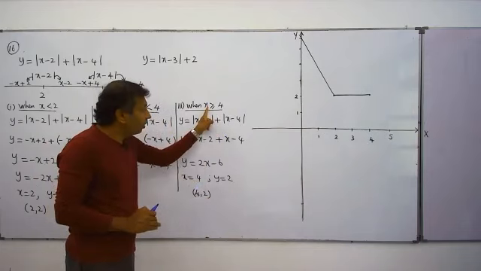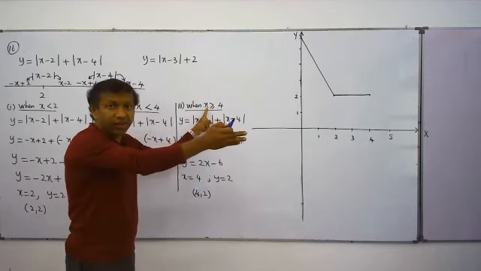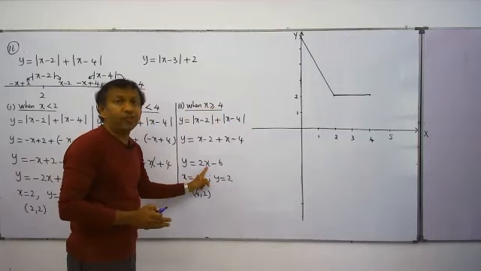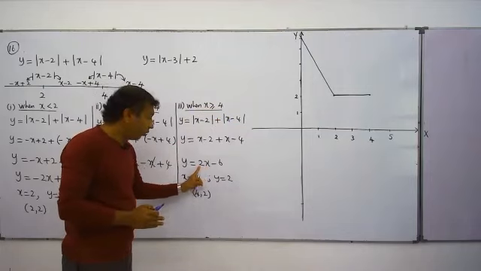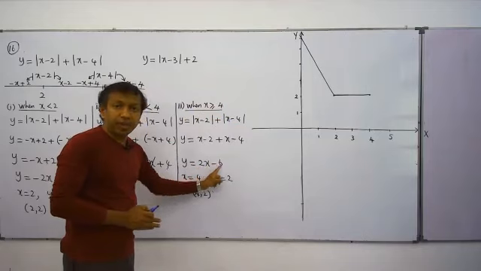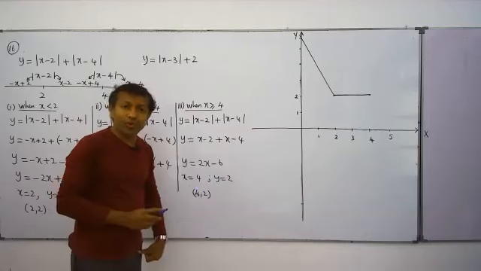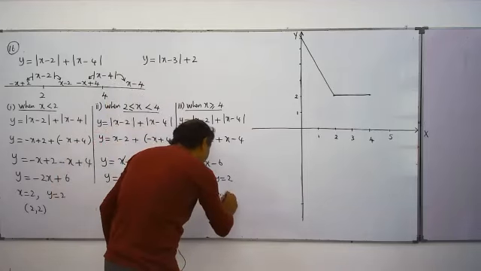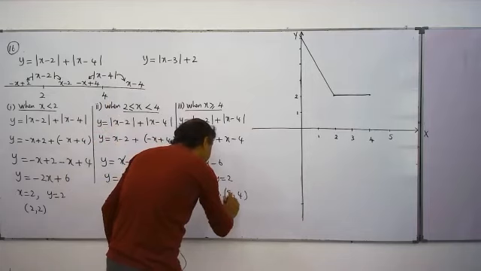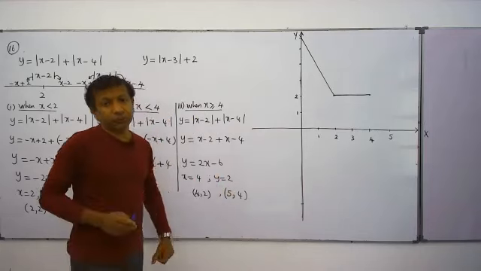Since we consider x greater than 4, we have to put an x value greater than 4. Like 5: 2 into 5, 10. 10 minus 6 is 4. Then x equals 5, right? Y is 4.